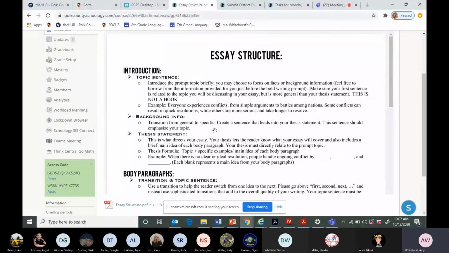While the invention of plastic has helped humans in a variety of ways, it has really caused a problem for Earth's environment. Then you move into your thesis statement where you talk about the 3 ways Earth is impacted by plastic.